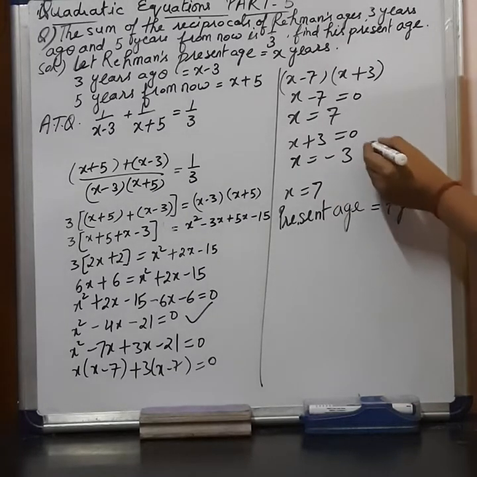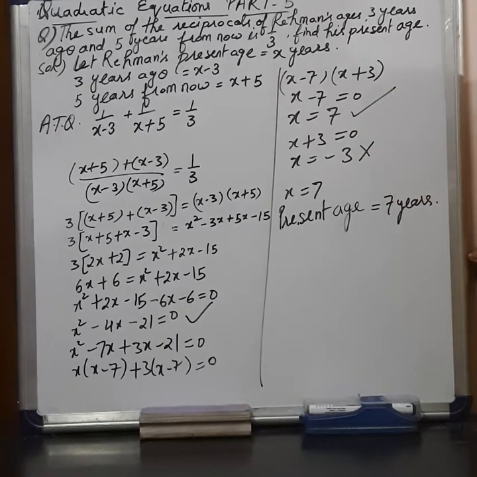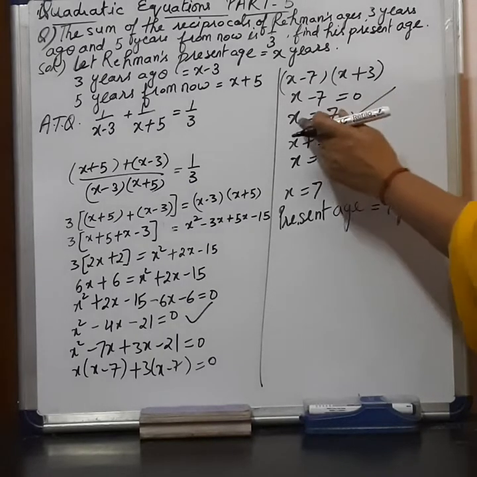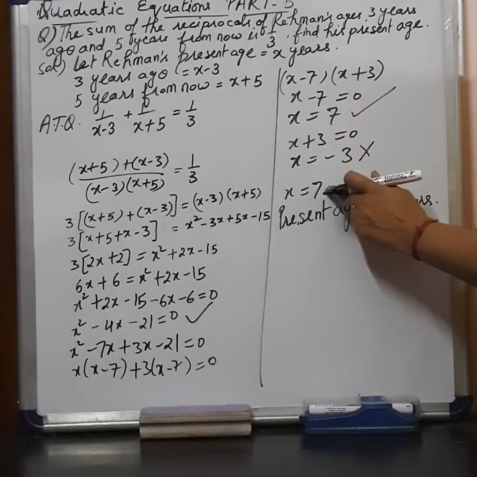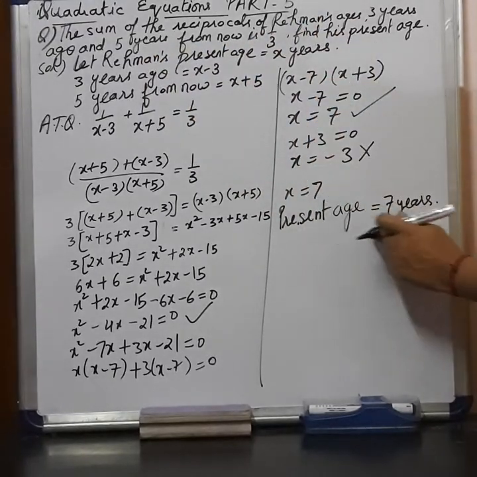But it will be neglected because age will not be in minus sign. So we will use this value to find out the present age. So x is equal to 7 we will use, and what we have taken in the form of x was Raman's present age. So Raman's present age is 7 years.